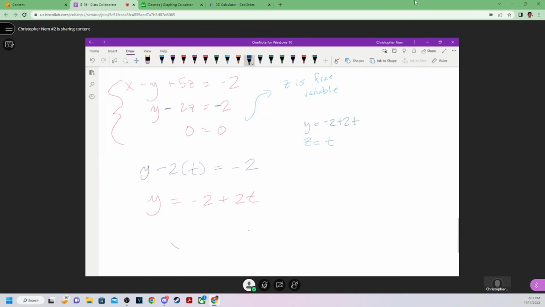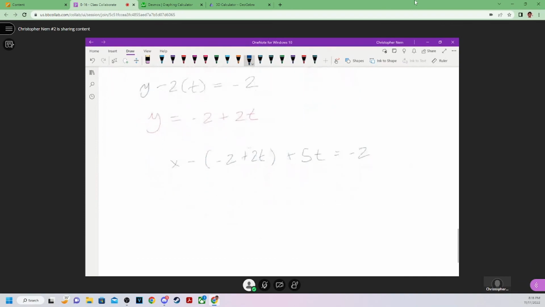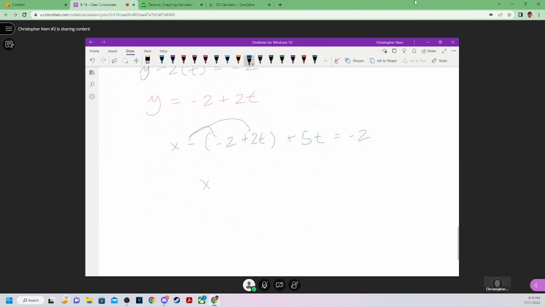If I solve for x, I have x minus negative 2 plus 2t plus 5t equals negative 2. If I distribute this over, I get x plus 2 minus 2t plus 5t equals negative 2. If I combine these, this is plus 2 plus 3t equals negative 2. So x is equal to negative 3t.